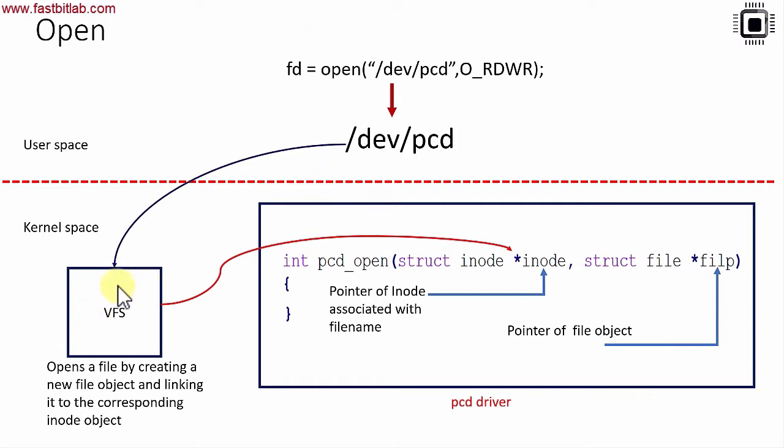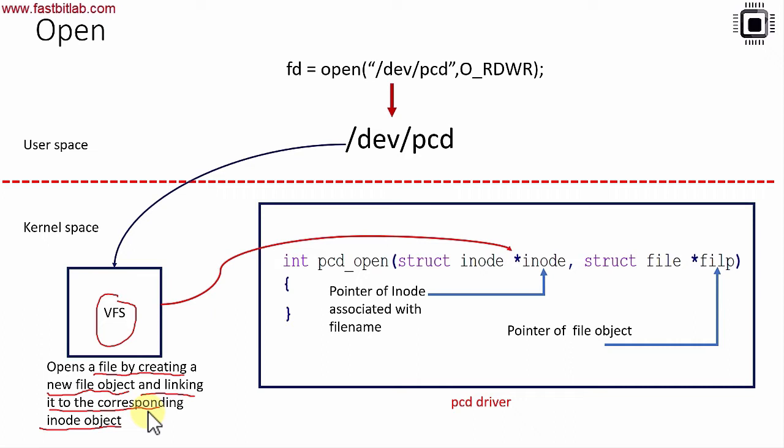When the VFS receives an open request on a device file or on a regular file, what the VFS does is open the file by creating a new file object and linking it to the corresponding inode object. I'll talk more about the inode object and file object a little later, but for the time being, you just have to remember this.